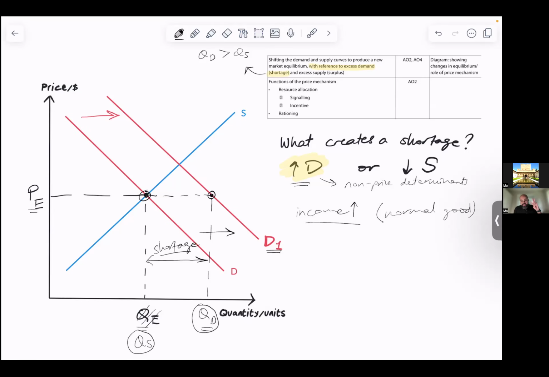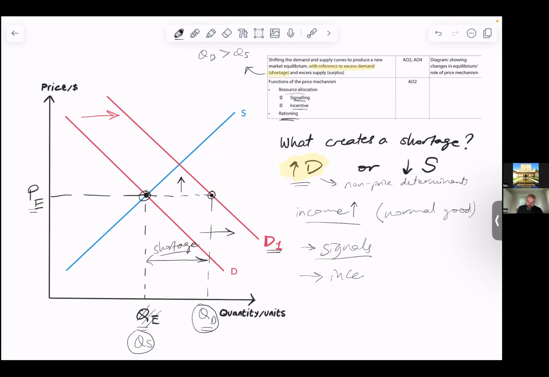Now, the price mechanism has three functions: a resource allocation, signaling function, an incentive function, and a rationing function. So first of all, the shortage will exert an upward pressure on price. That will gradually push price up, which signals to producers that there's a shortage, that consumers want to buy more of this good or service. And because the price is rising, it gives producers an incentive to produce and sell more, to increase quantity supplied.